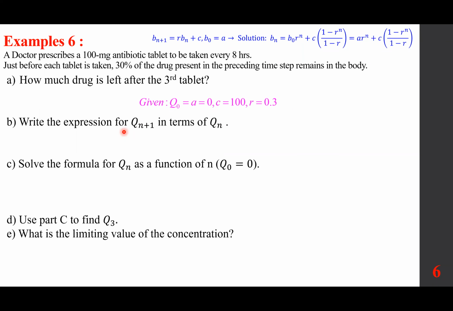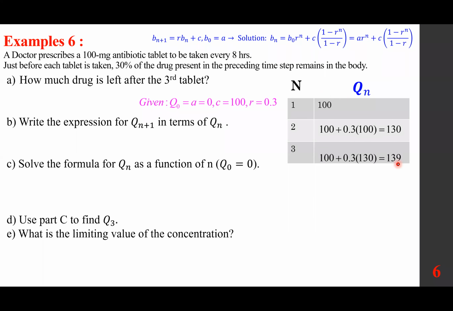So let's go and find how much drug is left after the third tablet by setting this up. Of course, the first one is 100. We know that, right? Because that's a constant. What is the second one? Well, if 30% remains, 30% of this is 30 plus 100 is 130. And then 30% of 130, which is 39, plus 100 is 139.